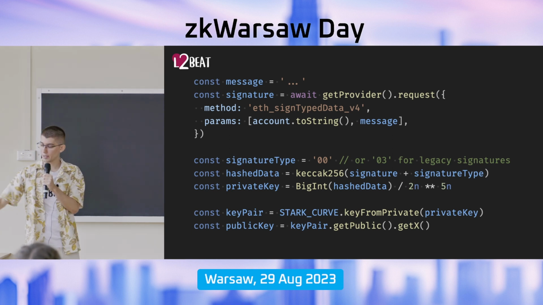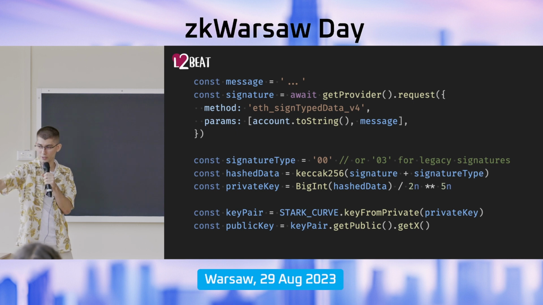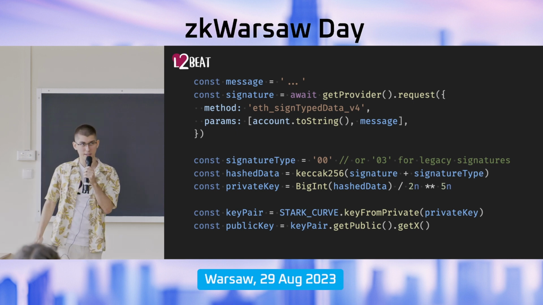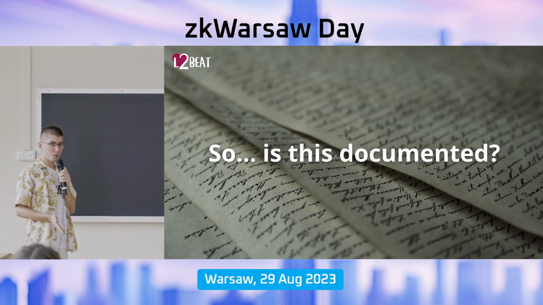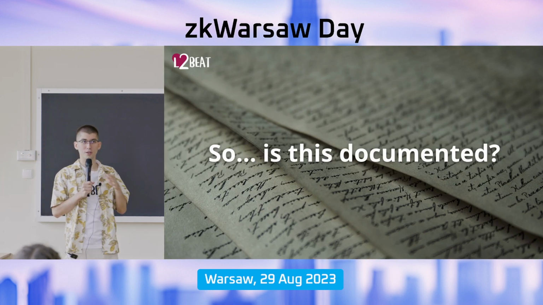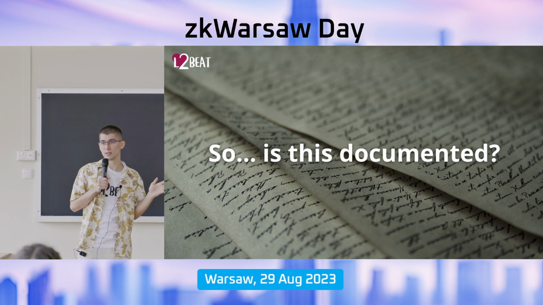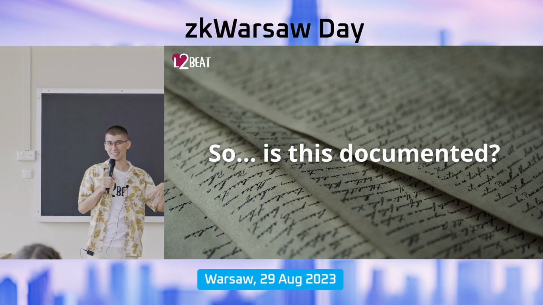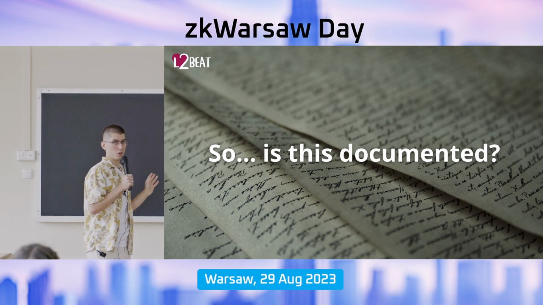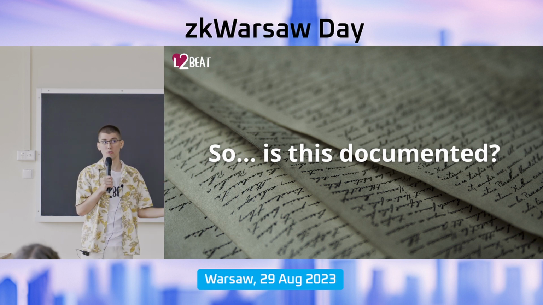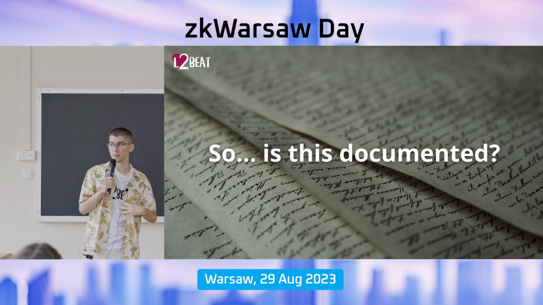Now, here's the funny thing about this. You see this algorithm, right? It's actually not really documented properly anywhere. So there are libraries that StarkEx developed for getting this key out of the signature. There also is documentation for StarkEx on how you can do this.